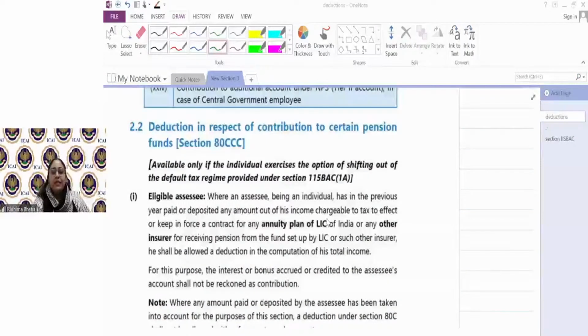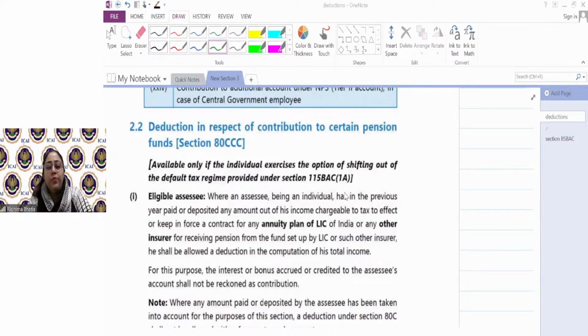You have to make a contribution every year and you will get the deduction. 80CCC is not much in use, but it is available for an individual who can claim the deduction for an amount deposited under the annuity plans of LIC or any other insurer for receiving pension. Those under 115BAC will not get this.